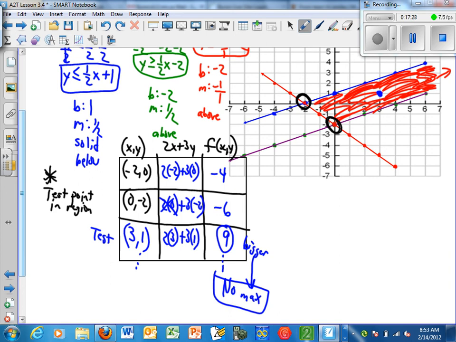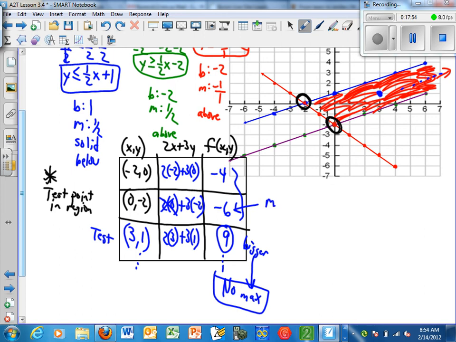Okay, and you can pick another test point just to see, well, it's going to keep getting bigger, and that as I kept picking points going out this way, that's going to keep getting higher and higher, so there's no max. Okay, which means look at these other 2 values to find the min. Which one's the smaller? Well, negative 6 is smaller. Okay, so this would be the min.